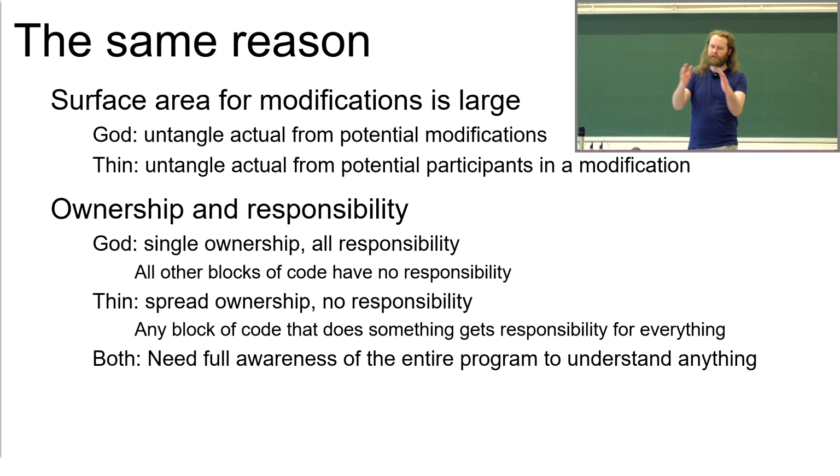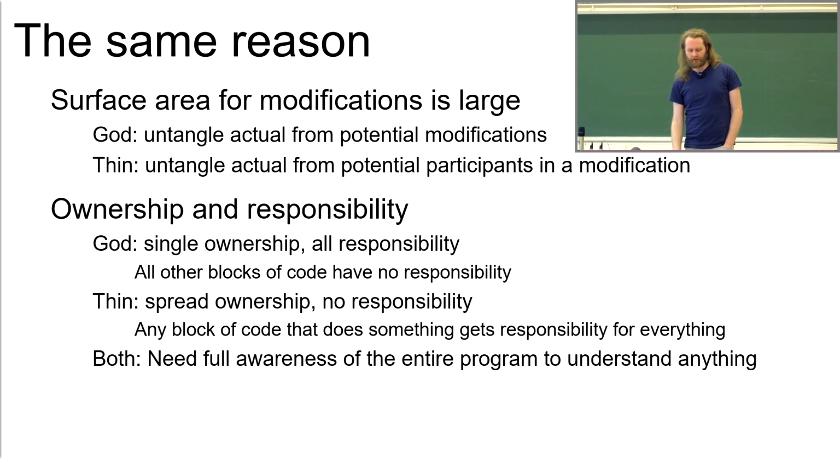If you centralize everything, you need to know what the piece of data is, the giant blob of data. You need to have full control over the giant blob of data and make sure you don't mess it up. So in both cases, you need to have full awareness of everything at all times. And in both cases, the only way you can get that awareness is to untangle what is actually happening versus what could happen.